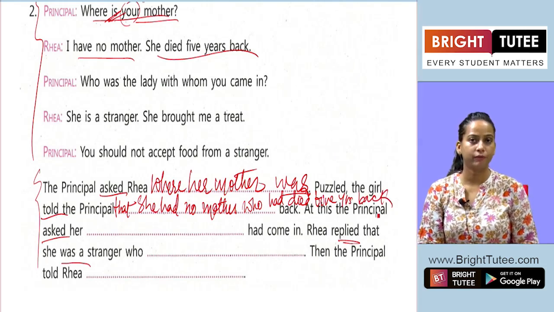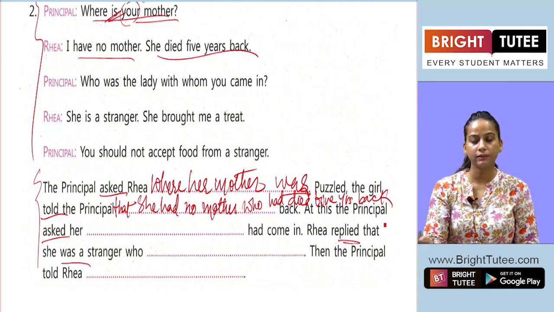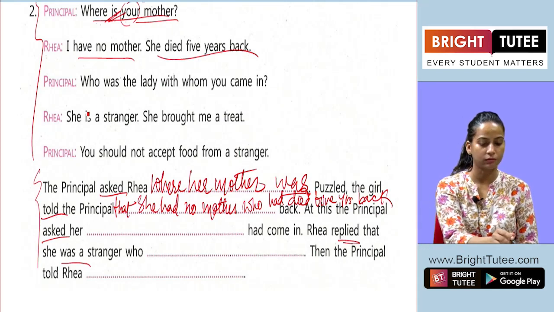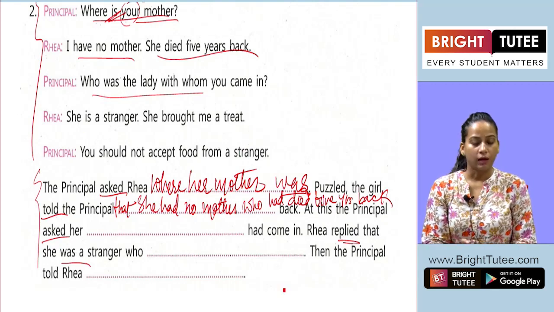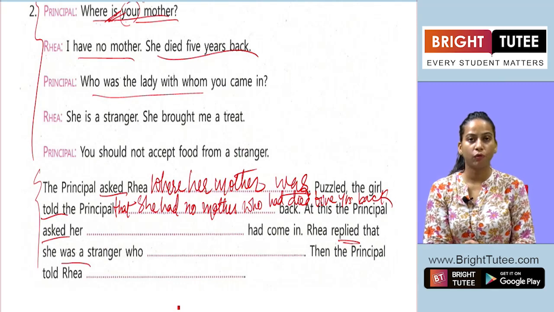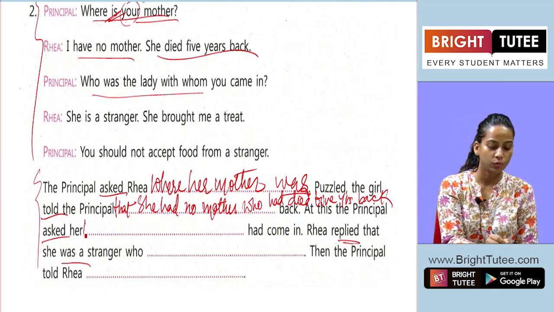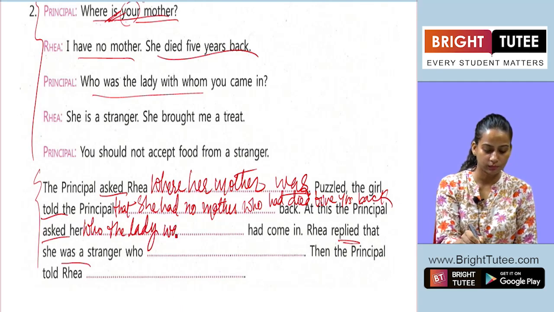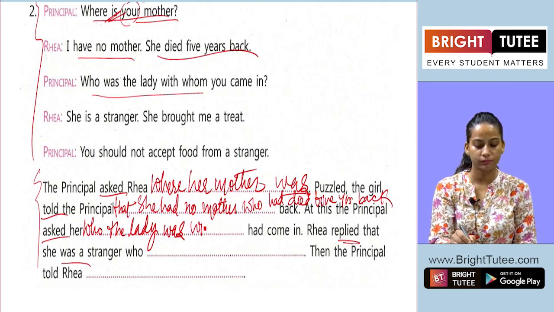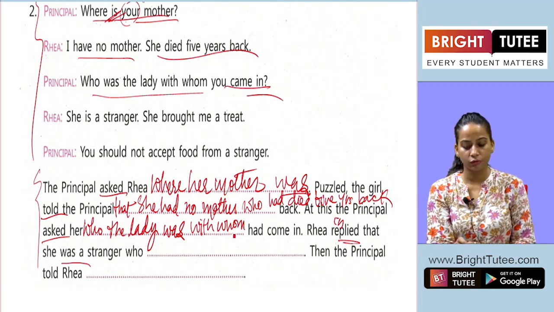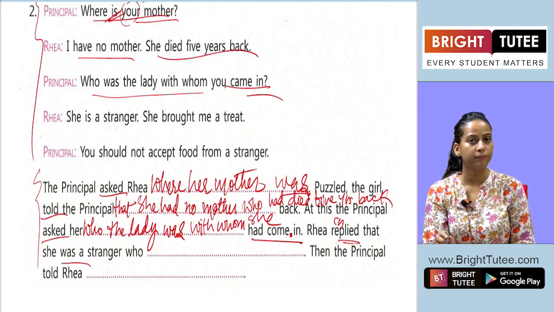Then the principal asked her, who was the lady with whom you came in, we have to change this sentence now. Asked her who the lady was, who the lady was with whom she had come in.